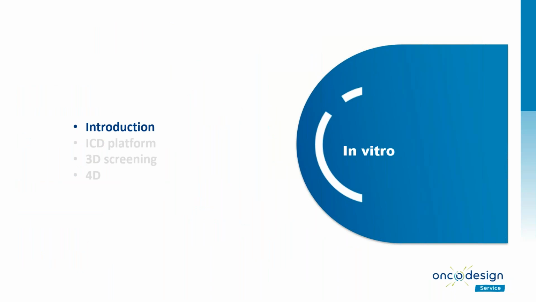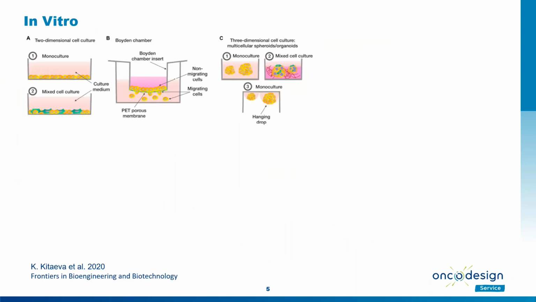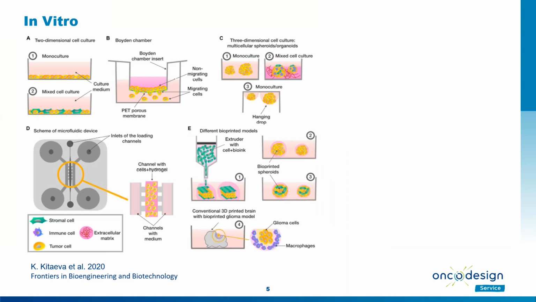present our in vitro capability, and before doing so, I want to introduce a bit the recent move in in vitro pharmacological analysis. First, in the early age, we mostly used two-dimensional cell culture systems, and this has evolved through mixed culture and compartmental culture such as Boyden chamber.